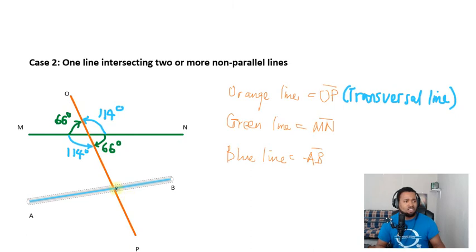Now we need to explore the angles to see carefully whether the angle arrangement here is going to be the same as what we have over here. If the angles here are the same, it means that line MN is parallel to AB. But if the angle setup here is different from the angle setup here, it means that line MN is not parallel to AB.